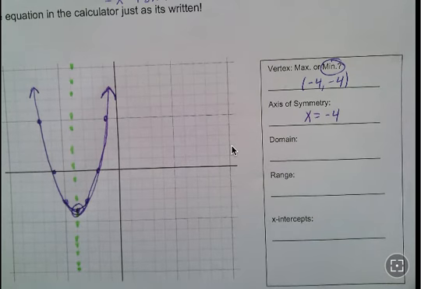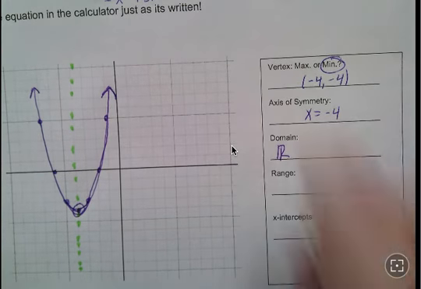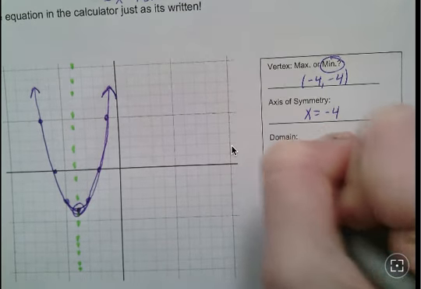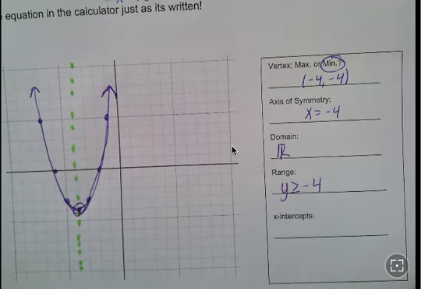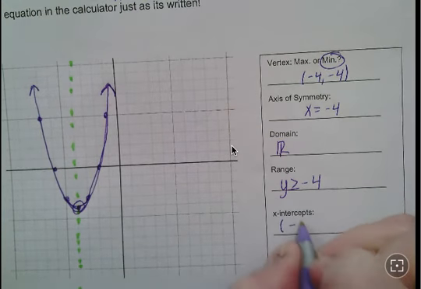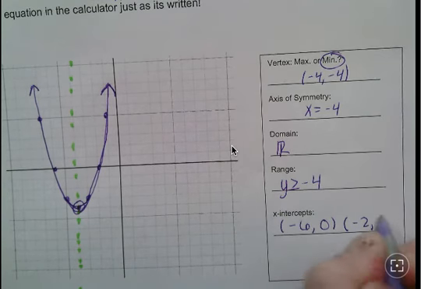Still all the same things that we've been talking about since day 1. The domain is all real numbers. The range is y is greater than or equal to the y value of your minimum, so that's -4. And the x-intercepts here are -6, 0, and -2, 0.